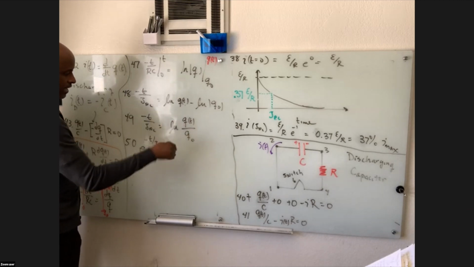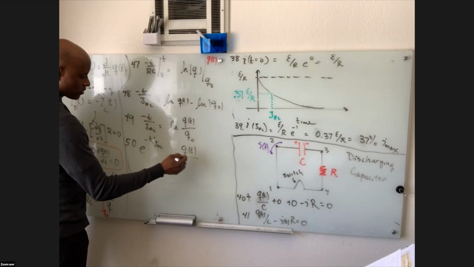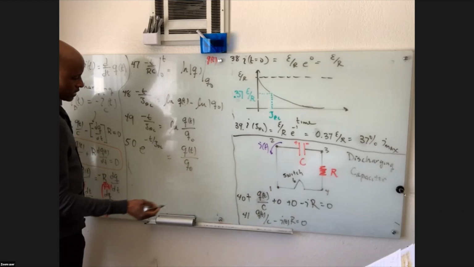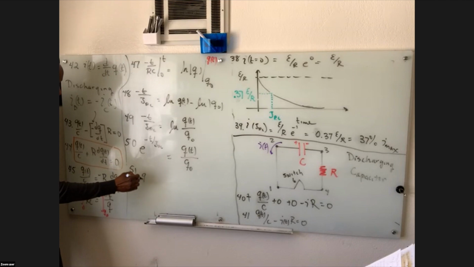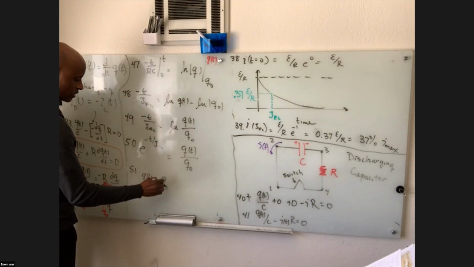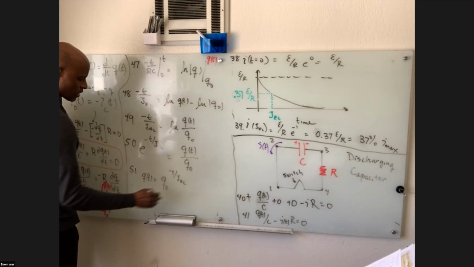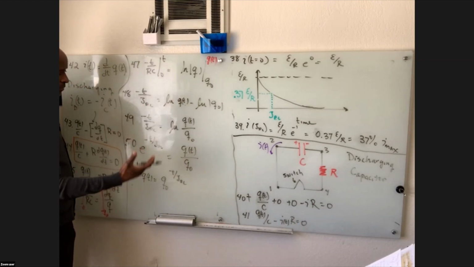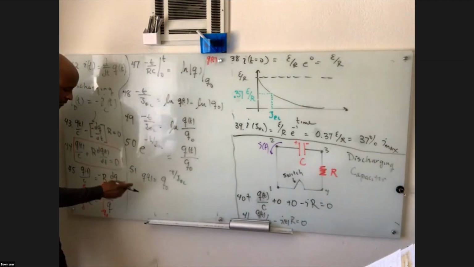The exponent takes out the log, so that's just Q of t over Q naught. Now we solve for Q of t. Q of t is equal to Q naught times e to the minus t over tau RC.